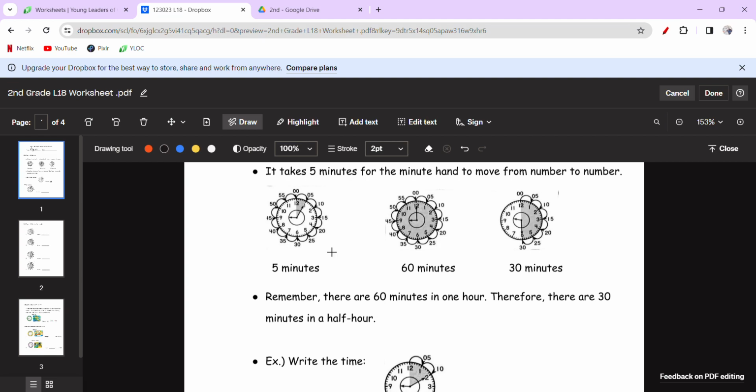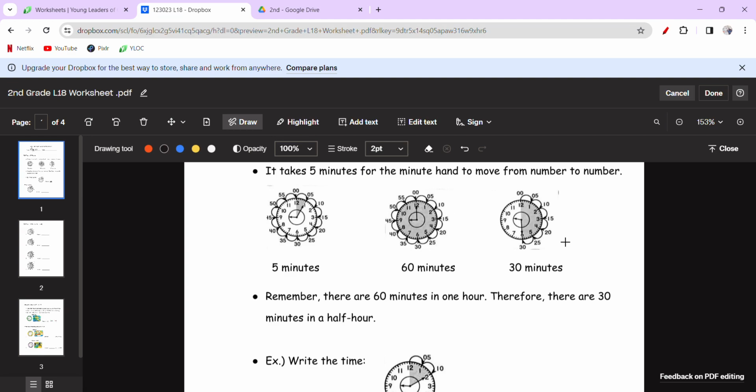So you see right here, if it's at the 1, it will symbolize 5 minutes because from 0 you skip to 5. But if it's 60 minutes, you will go all around and come back to 12, right? At the 12, that means 60 minutes passed, and that would be 5 times 12.